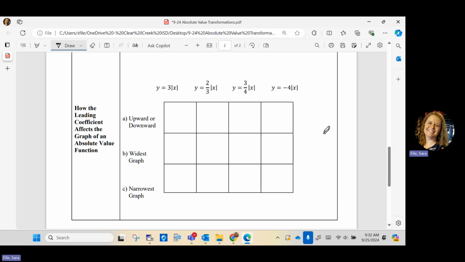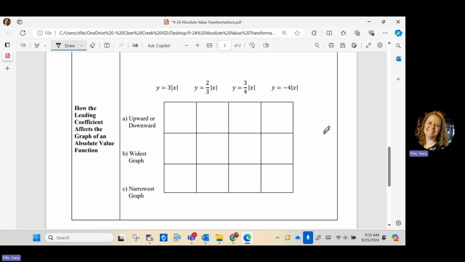And then the widest is going to be the opposite. We said the further away from 0, the narrower it's going to be. The closer to 0, so the smaller the fraction, the wider it's going to be. So is 2/3 or 3/4 smaller? 2/3. 2/3 is closer to 0.